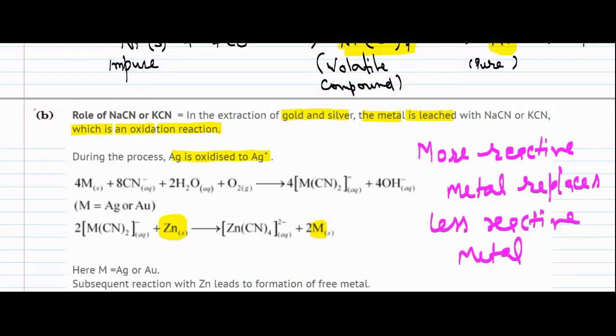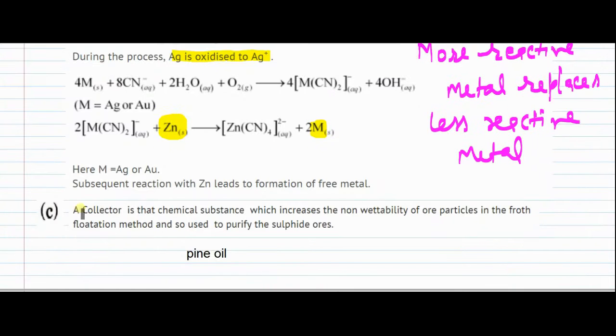A collector is the chemical substance which increases the wettability of ore particle in the froth flotation method and so used to purify the sulfide ores.